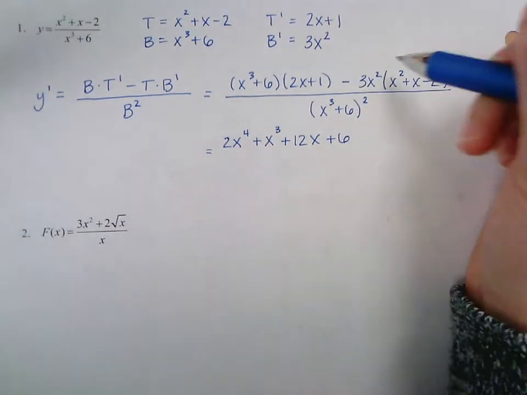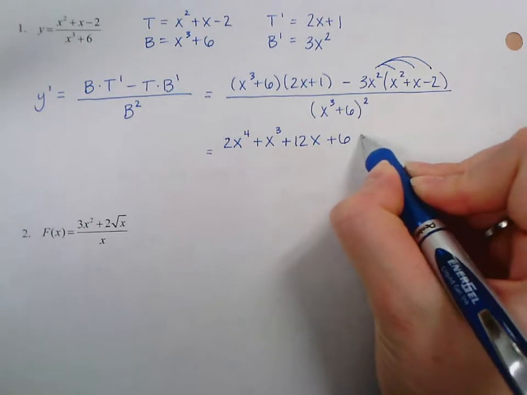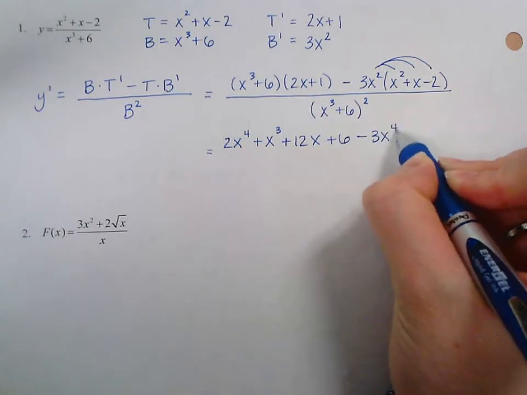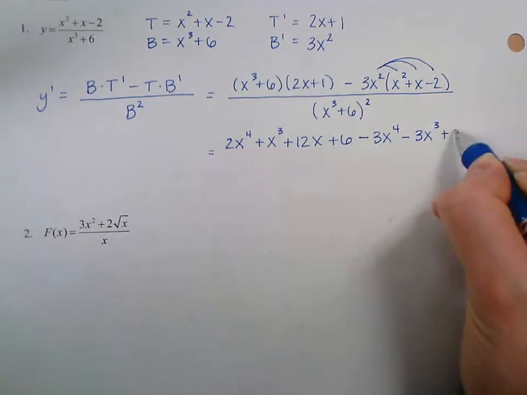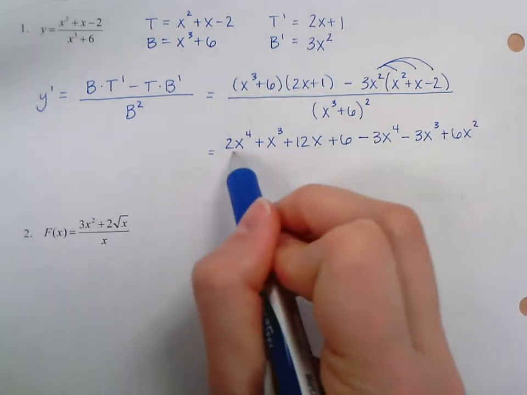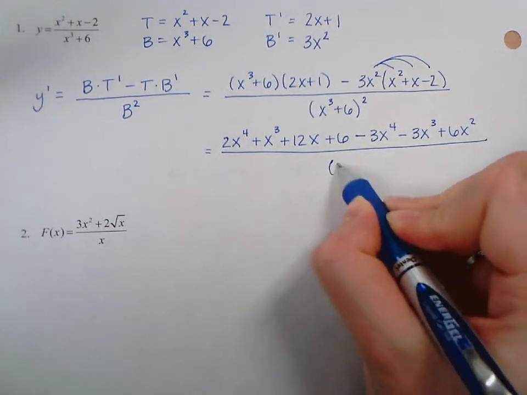And then here I'm distributing a negative 3x squared. So that would be minus 3x to the 4th minus 3x cubed plus 6x squared all over, leave the bottom as it is.